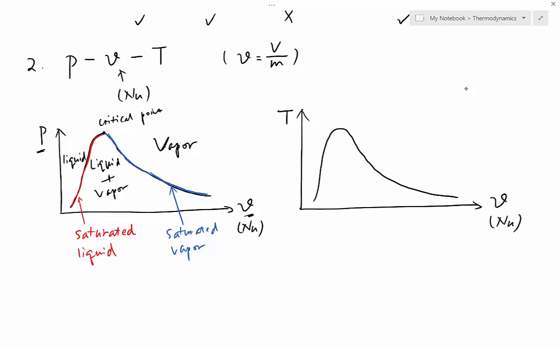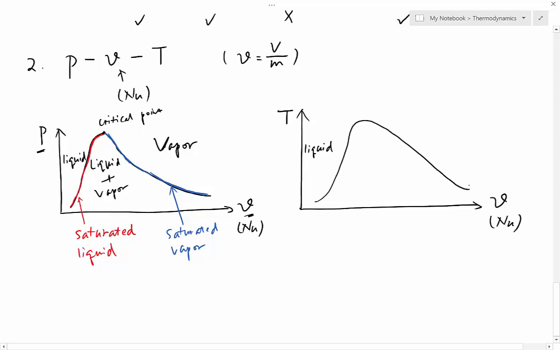To the left of the vapor dome, your substance must be liquid.